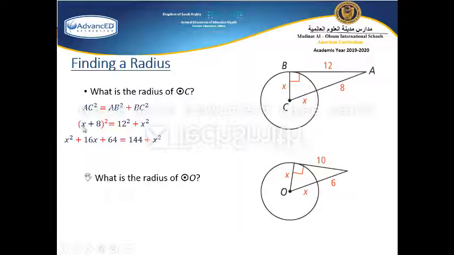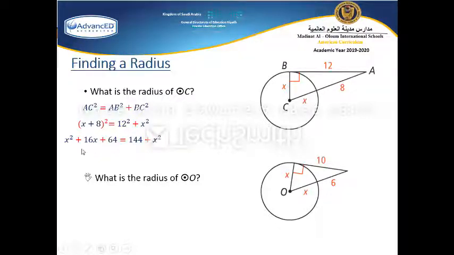Then the first squared is x squared, the second squared is 64, and in the middle, first times second times 2, you will get 16x. On the right hand side, 12 squared is 144 plus x squared.